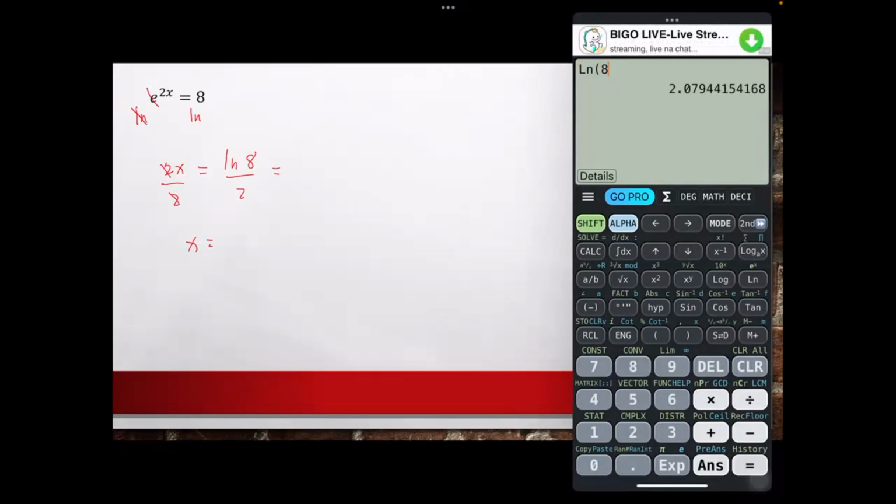Ang value nito ay 2.0794. So, this is 2.0794 over 2. And divide natin yung 2.0794 sa 2. Magkakaroon tayo ng sagot na 1.0397.